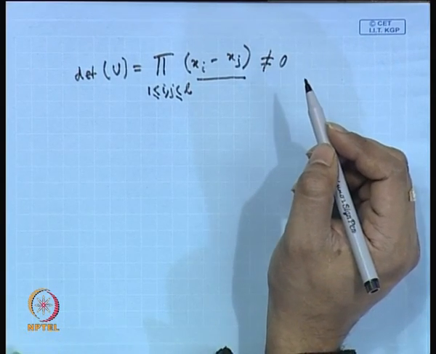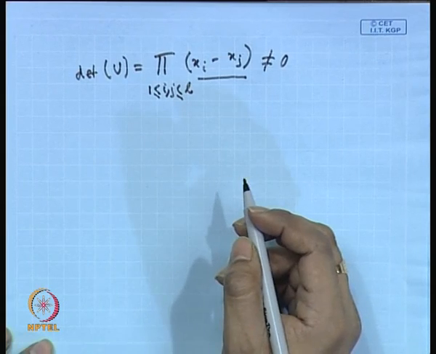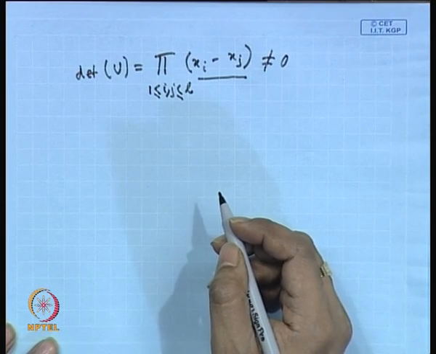And if the determinant is a non-zero value, then the rank of this matrix is actually L.